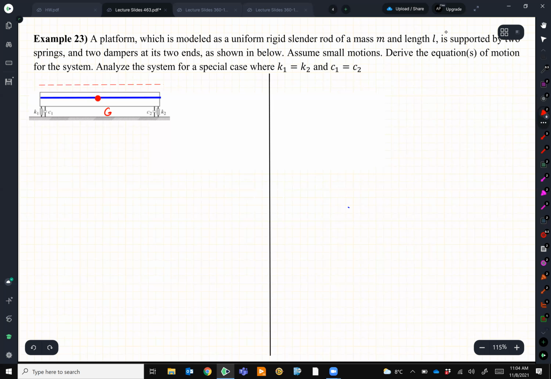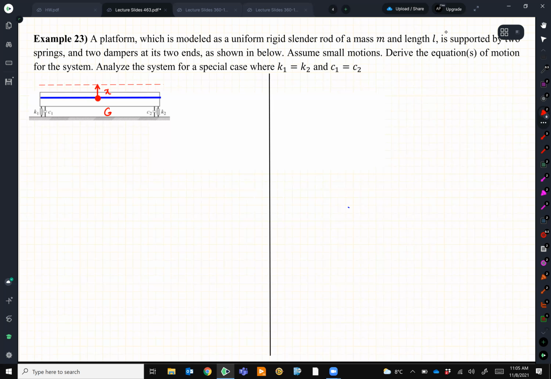So that's G, and this G moves up by my variable, I can call it X. Right, so that center line of this bar can move up and down with the variable X.